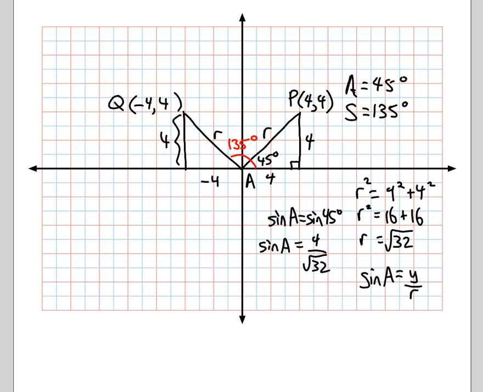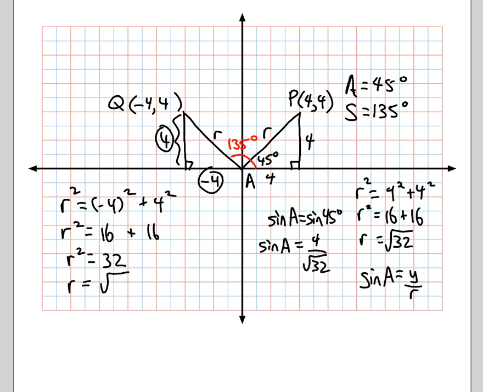If we know this is a right triangle, the same formula applies. Base squared plus height squared equals the length of r squared. We would get the same result because r squared would be -4 all squared plus 4 squared. And -4 squared is 16 as well, and 4 squared is 16, so we get the same result. R squared equals that, so r would be equal to the root of 32.